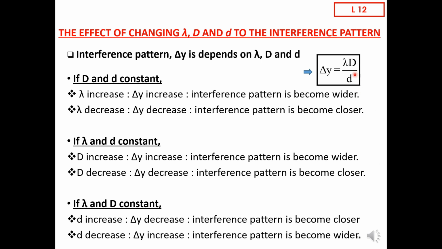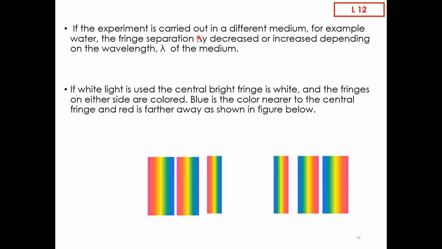If we decrease small d, the interference pattern becomes wider. If the experiment is carried out in a different medium, for example water, the fringe separation delta y decreases or increases depending on the wavelength in the medium.